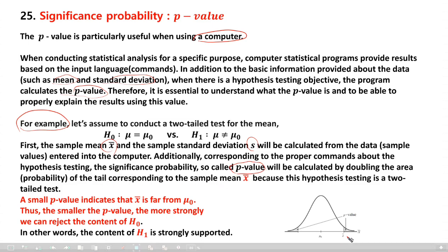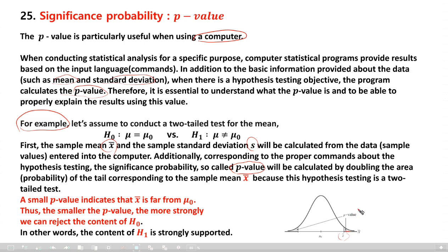If this one calculates by computer, if your x bar is here, then it calculates the area to the tail and multiplies by 2. That is p-value.